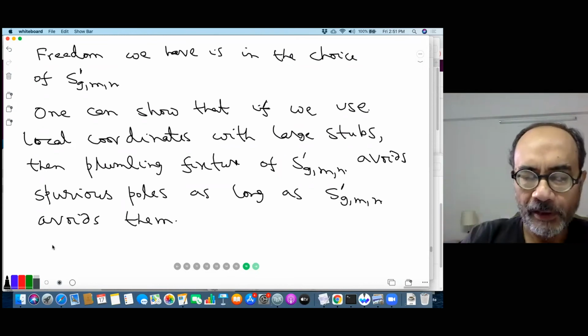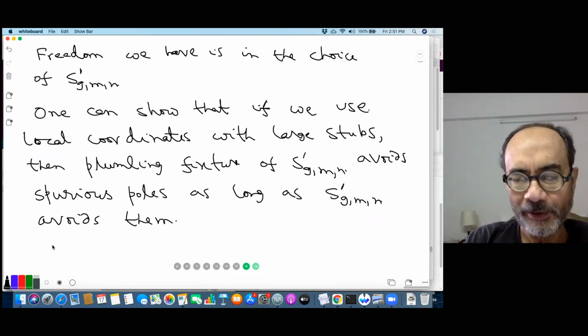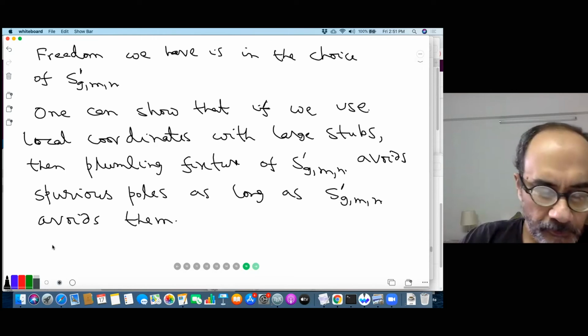Or at least you do not avoid spurious poles, but use a vertical integration procedure on S prime Gmn. As long as you have made sure that S prime Gmn has that property, one can show that when you sew together these various S prime Gmns to build a full S Gmn, you never get any spurious pole.